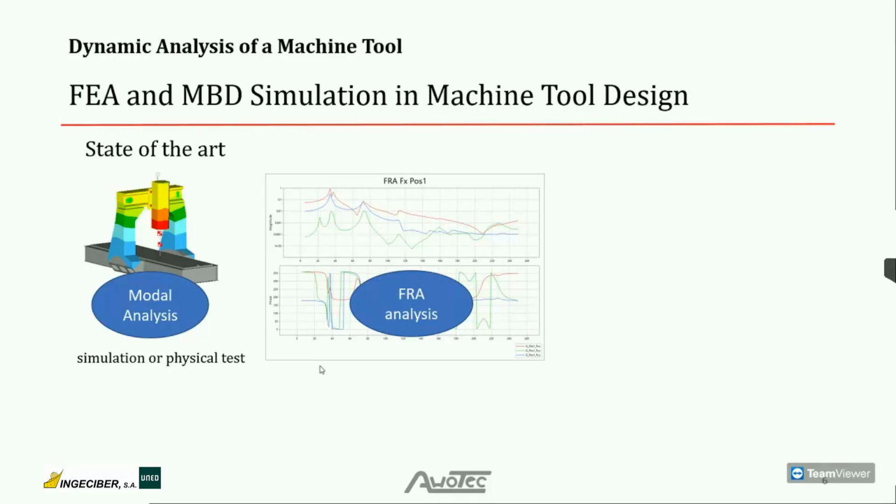Another method is the so-called frequency response, or in short FRA analysis, where the structure is excited with unity force at the tool center point, and then the frequency of this exciting force is changed in a defined frequency range. And then the response to this exciting force is measured, and a typical graph for that is this shown Bode plot that you can see here at the center, where the response amplitude and also the phase angle of the response is shown together.